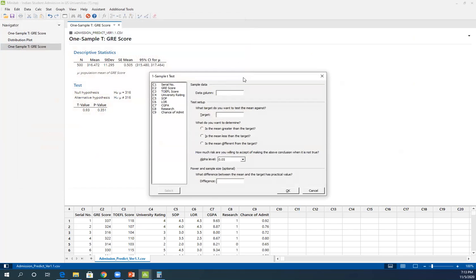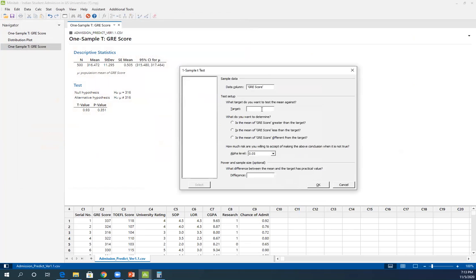So for the data column, I'm just going to check GRE target. Let's say I'm just going to put 317. Here three types of hypotheses are clearly written. Is the mean GRE score greater than 317? Is the mean what we wanted to check? These are the three options.